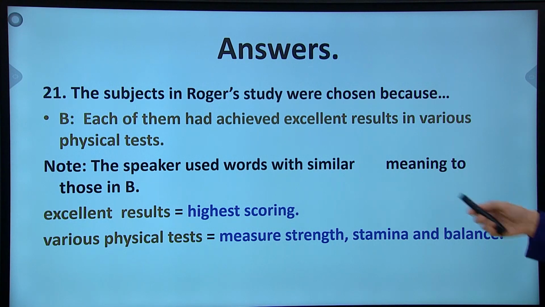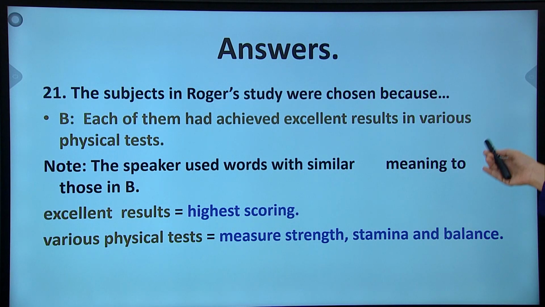So, in this example, excellent results, which was the wording of B, in the recording, the words used were highest scoring, which means the same, but they're not exactly the same words used for the similar meaning, okay?